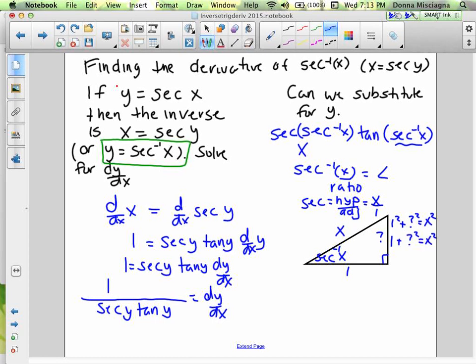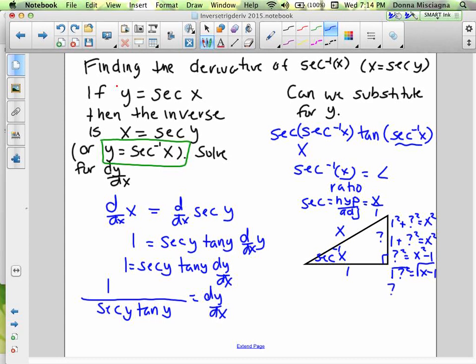We're solving for question mark, so let's subtract 1 from both sides. So question mark squared is x squared minus 1. And then we don't want question mark squared, we want just question mark, so we'll take the square root of both sides.